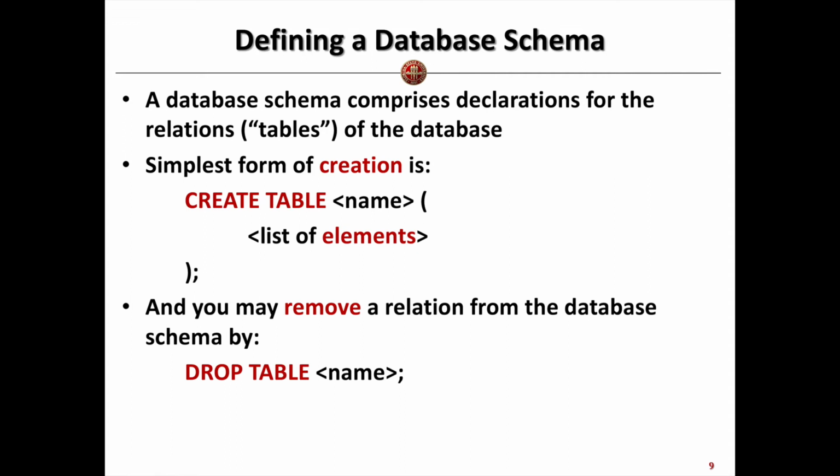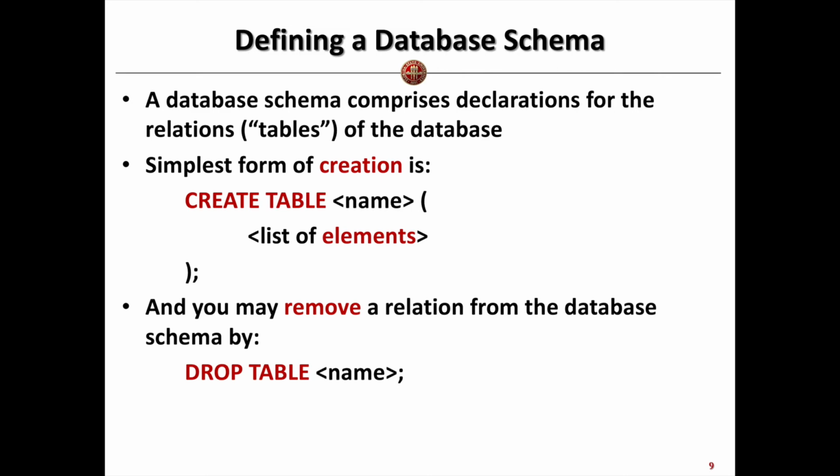In this way, we can create a relation or a table in our database systems. The table has a table name as well as a bunch of attributes. This is how we can declare or create a table with SQL.